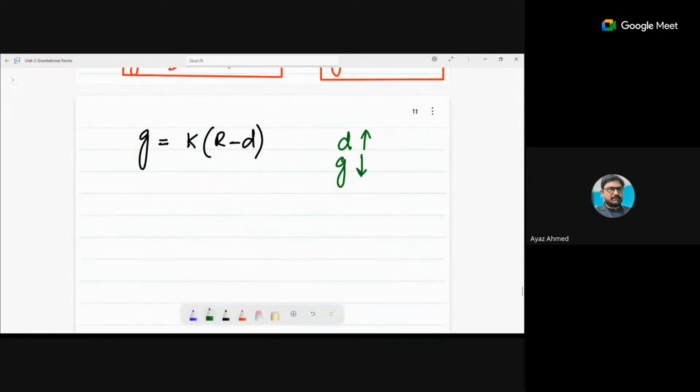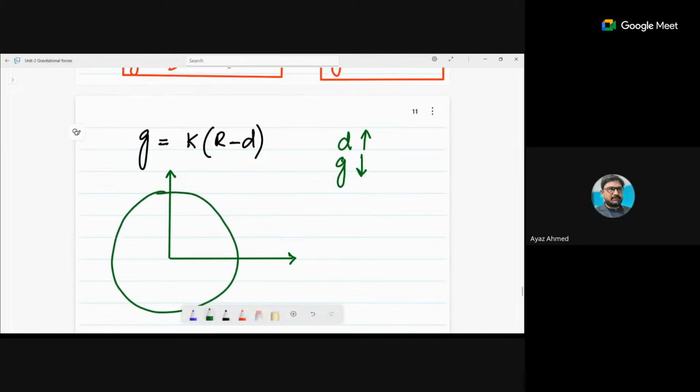So for this all, if I say that inside the surface, I can say that if I have this much radius of any sphere, any planet, then at this point the value of g was this much.